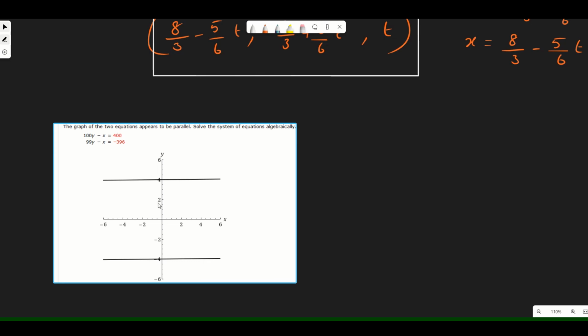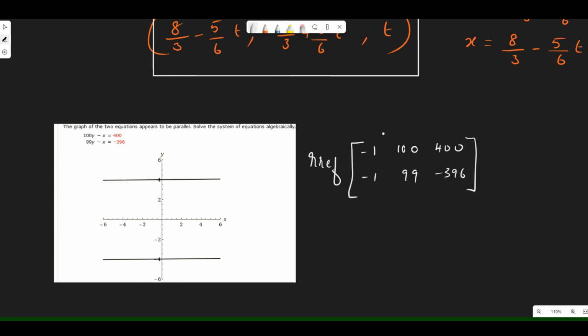So if you solve this manually, you can solve it by elimination method, substitution method, whichever method you have, because it is a simple equation in just two unknowns, x and y. Or maybe you can make use of the calculator also. You can find the reduced row echelon form: the x coefficient is -1, y coefficient is 100 for the first one, 400; -1, 99, -396.